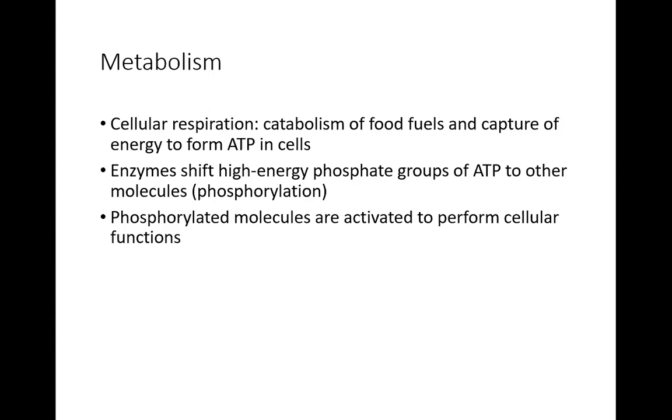We want to eat that candy bar, and we want to take all that potential energy from those valence electrons and at least get some of it to use to pump our blood and to inflate our lungs and to generate enzymes and things like that. That's what cellular respiration does.